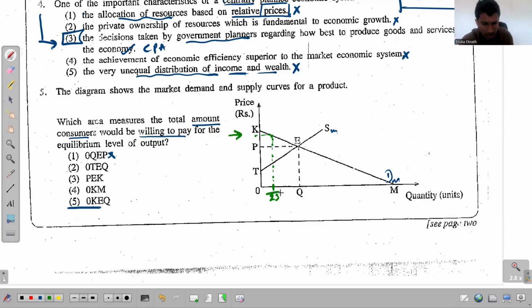But thanks to this market equilibrium, he needs to pay only a price of P. Then if I ask what's this difference between this point and this point, what's this vertical gap? That you recognize as the consumer surplus for this 25th unit.